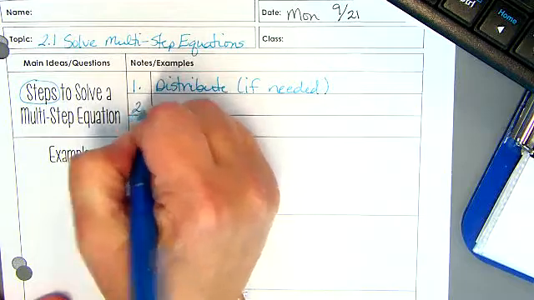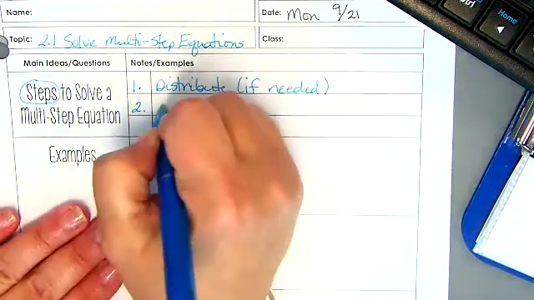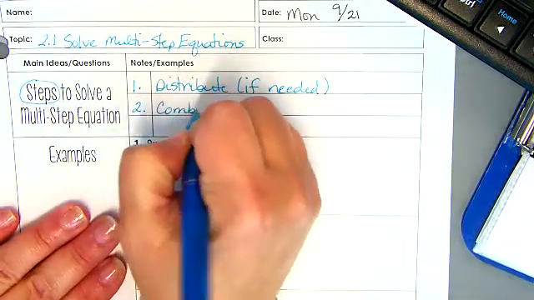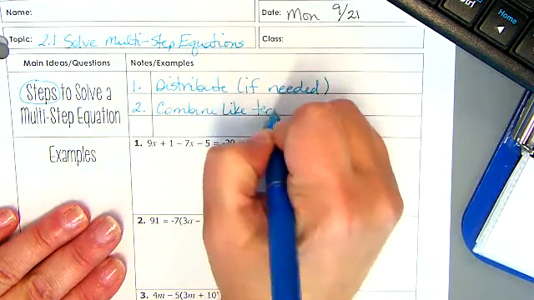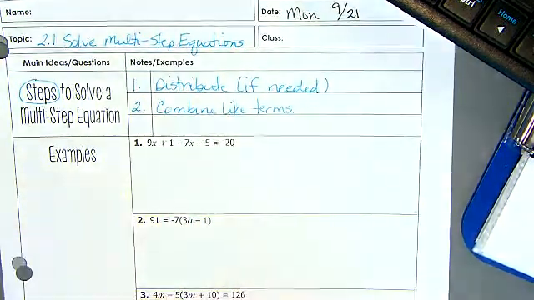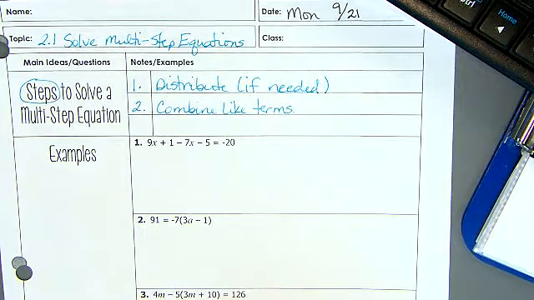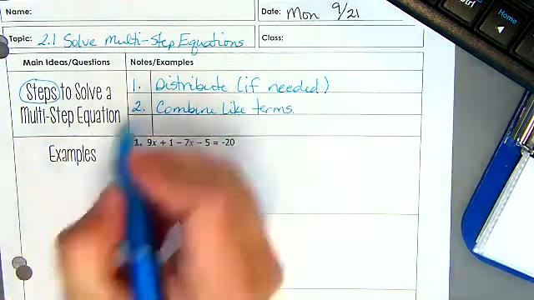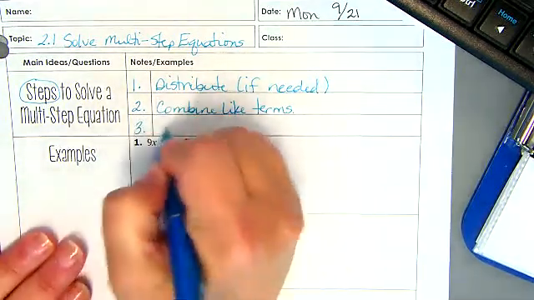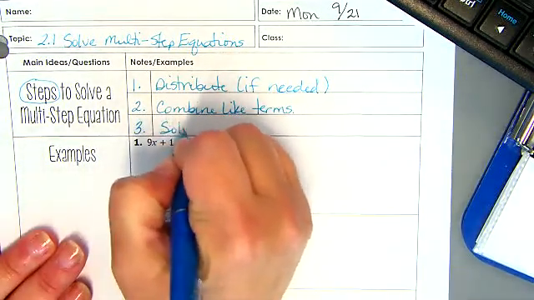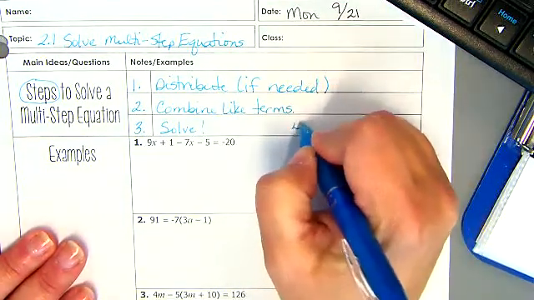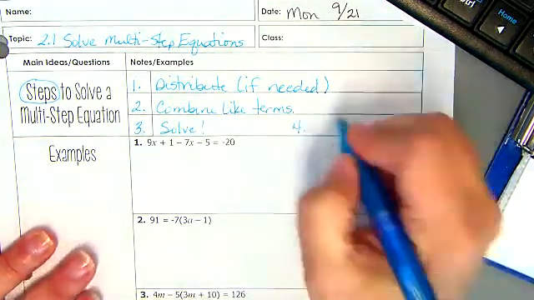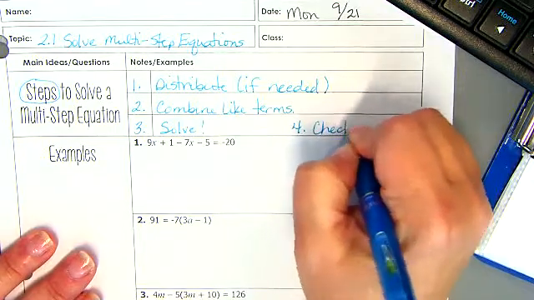Step 2 is to combine like terms by using either boxing or circling the like terms. And number 3 is to solve the equation. I'm adding a number 4, but this is optional. This is your choice, and that is going to be to check.